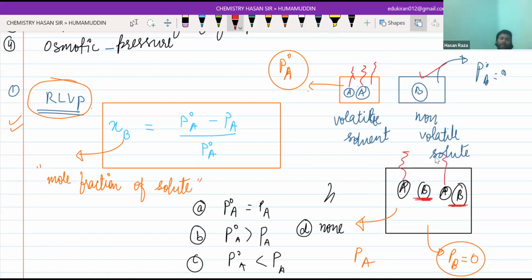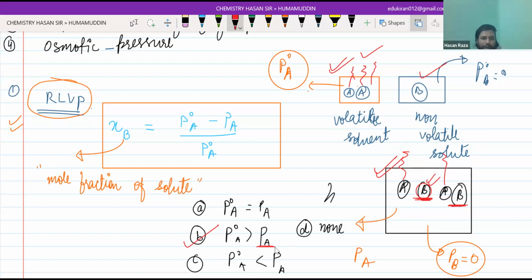That's why the number of particles evaporating in this case will be more as compared to this case, because some of the surface will be covered by non-volatile solute and hence the partial pressure of A is lower. Are you getting my point? Yes or no? Yes, sir.